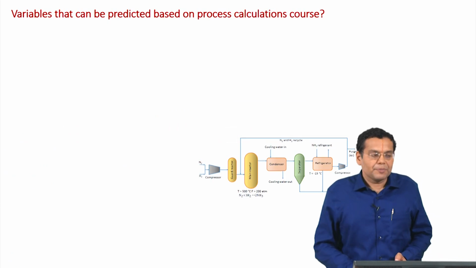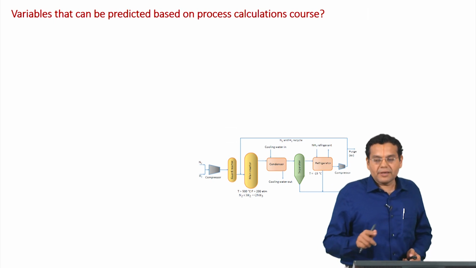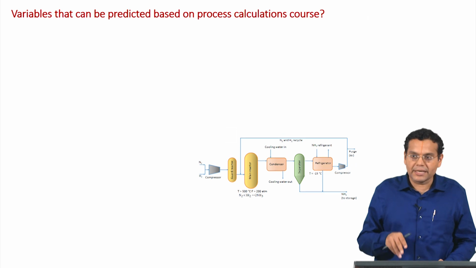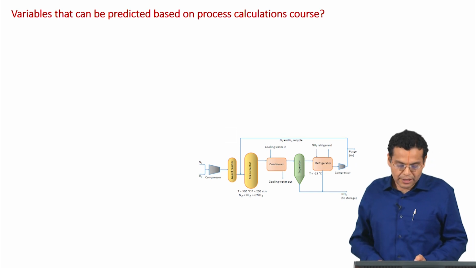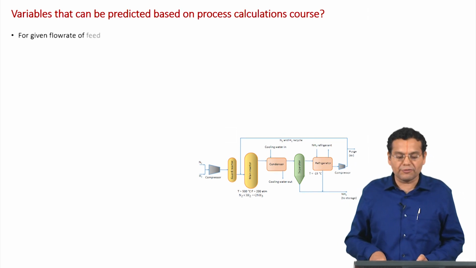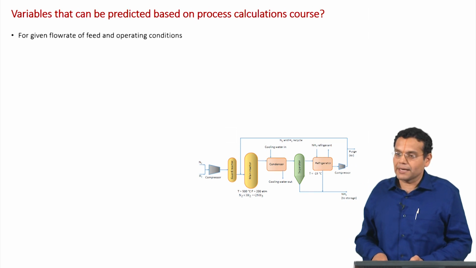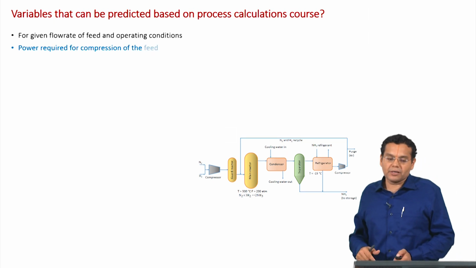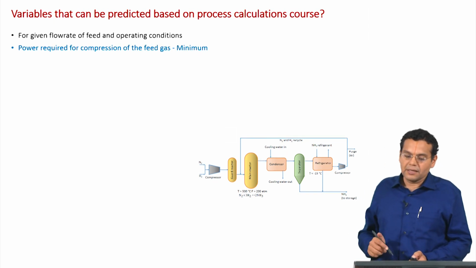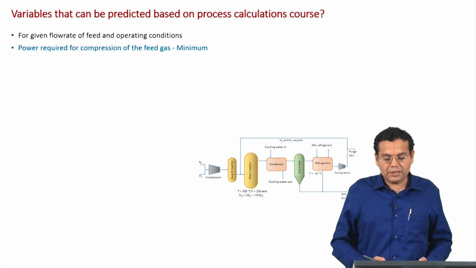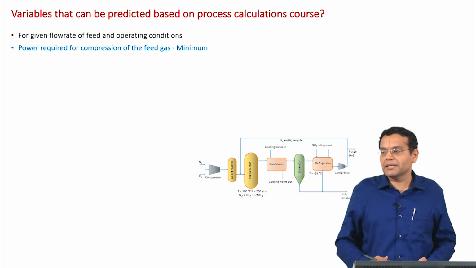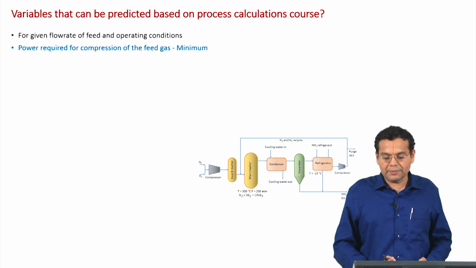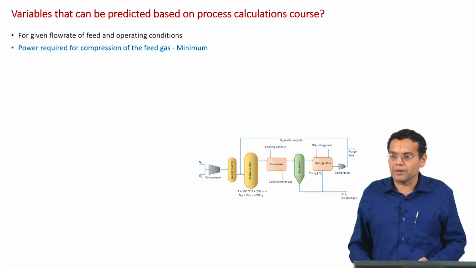Now, having taken a process calculation course, what are the variables which we can predict among this list? First, for a given flow rate of feed and operating conditions, we can calculate the power required for compression of the feed gas, based on principles of thermodynamics, the minimum power required for compression.